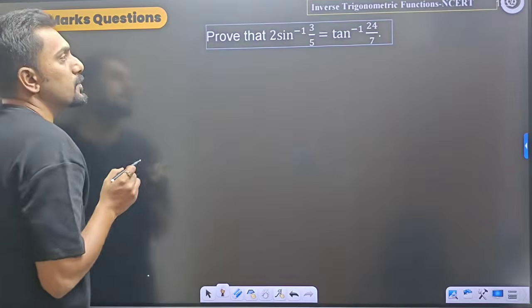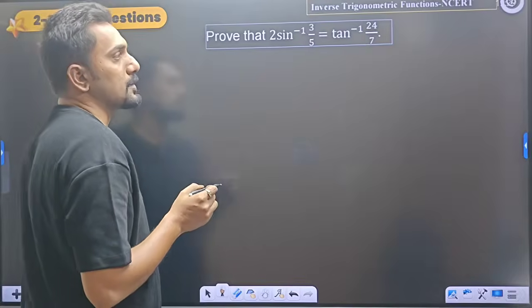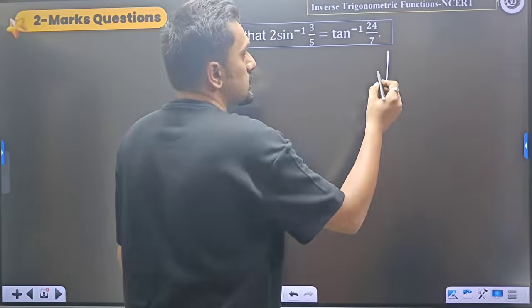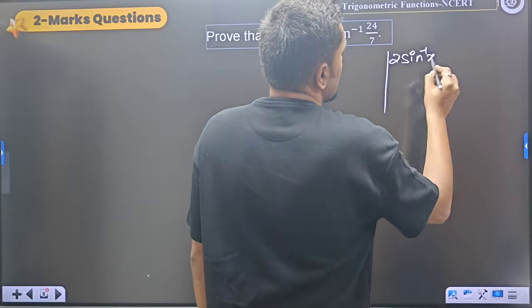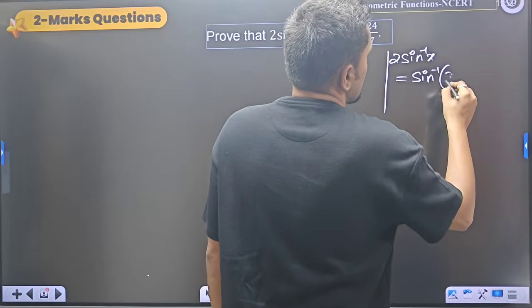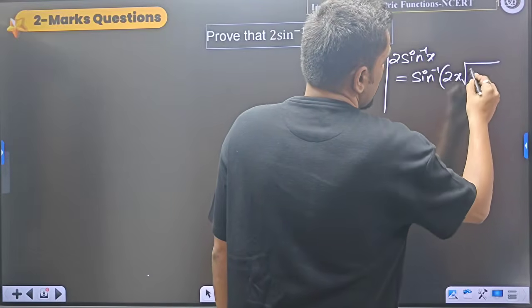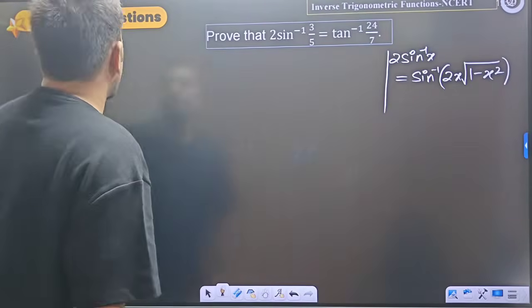So the next question is, prove that 2 sine inverse of 3 by 5 equals tan inverse of 24 by 7. For this, I will use the result 2 sine inverse of x equals sine inverse of 2x multiplied by root of 1 minus x square. Okay.